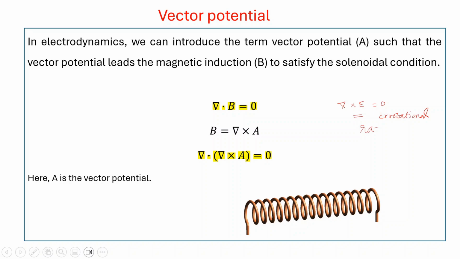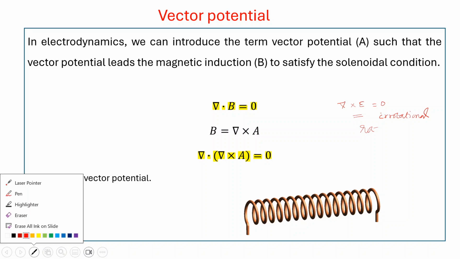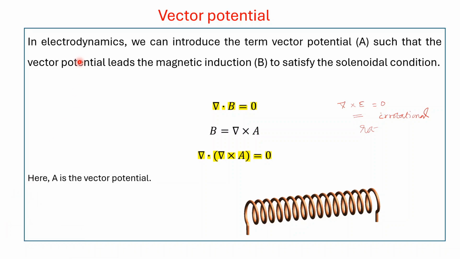Now, the term A is called vector potential. In electrodynamics, we can introduce the vector potential A such that it leads to the magnetic induction B satisfying the solenoidal condition div B equal to 0.